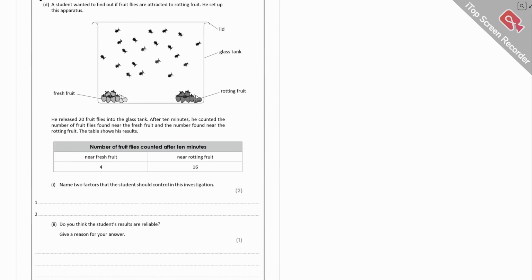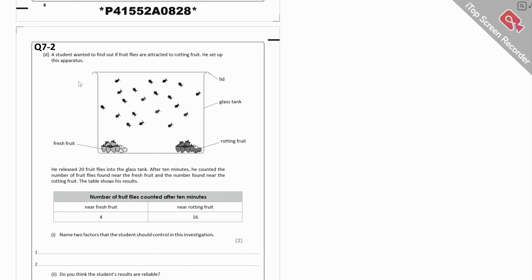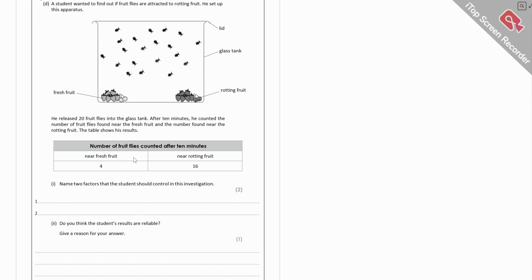Let's move on. Right, a student wanted to find out if fruit flies are attracted to rotten fruit, so he set up fresh fruit on one side, rotten fruit on the other side. He put a lid on, and then he counted 10 minutes later the number of fruit flies near the fresh fruit. There was only 4, and near the rotting fruit there was 16.